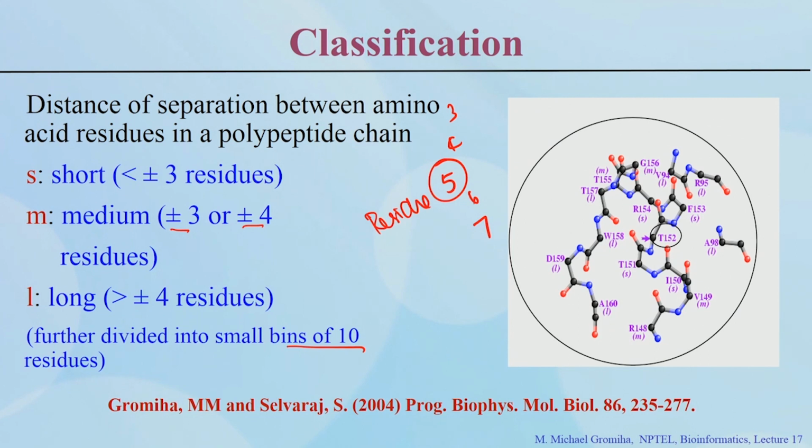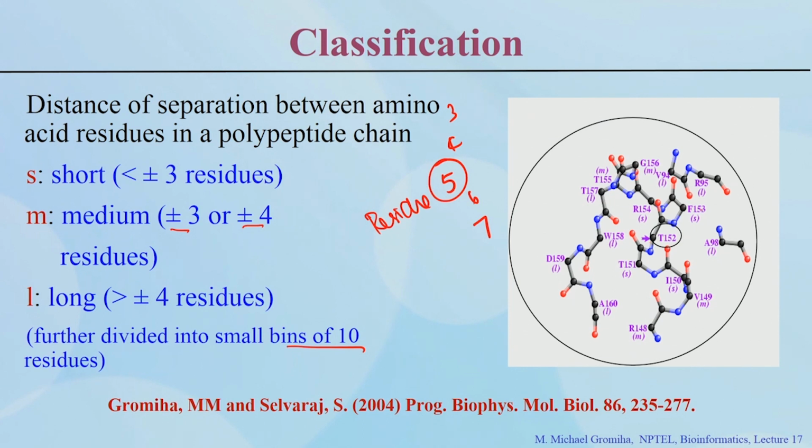So, here I show a figure, this is the contact of T152 of lysozyme, these are real contacts. If you look into the PDB structure and take the residue 319 and get the residues which are within the limit of 8 angstrom, you can get this figure. If you see this one, we can define the short, medium and long range contacts.